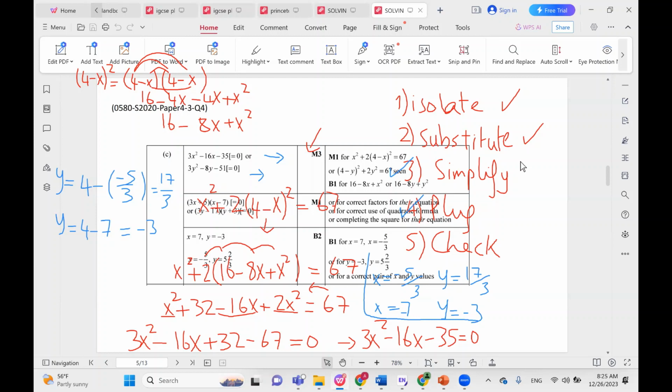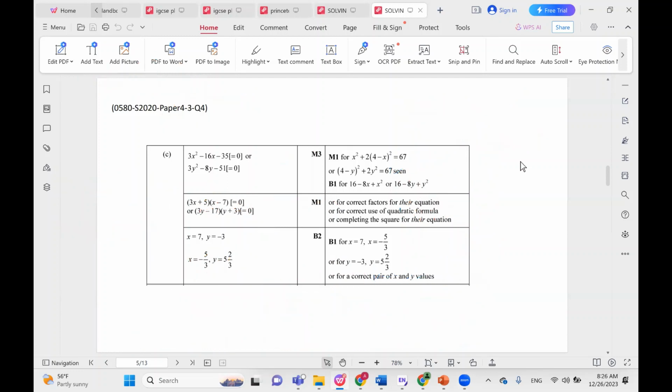So let me just erase some of the steps so that you can see the answers more clearly. Remember, our two answers are -5/3 and 17/3. Let me write these down again.